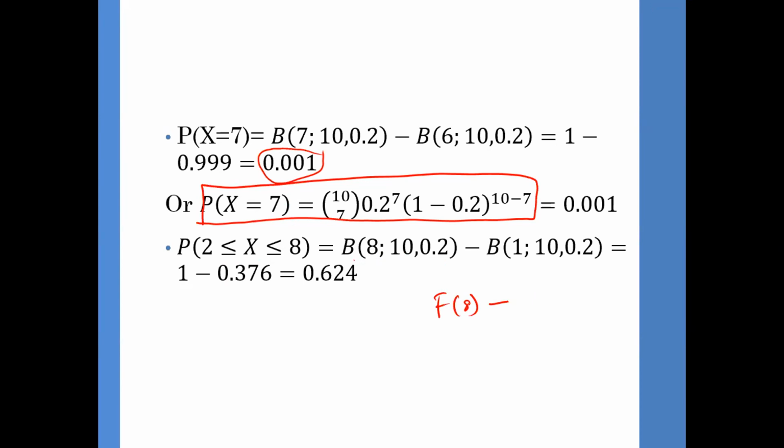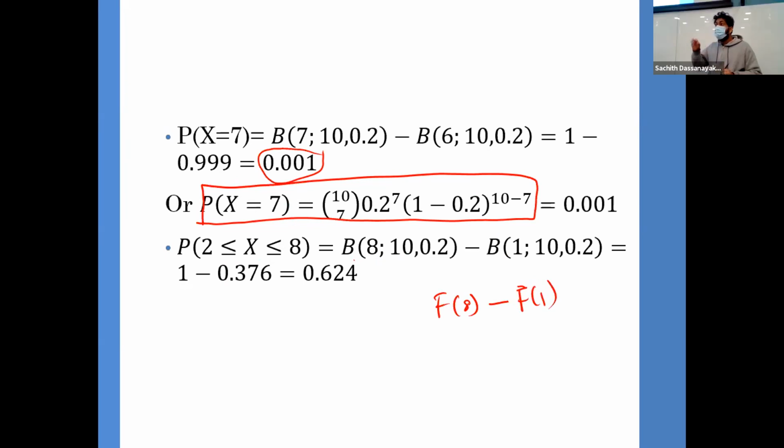No, I think it will be F1. Yes, sorry, it will be F1. Why? Because the probability of x equal to 2 should be included in this calculation. So that's why we subtract F1.